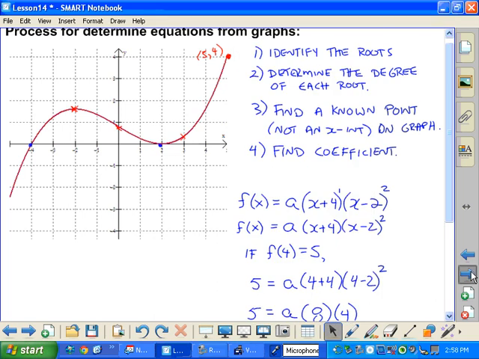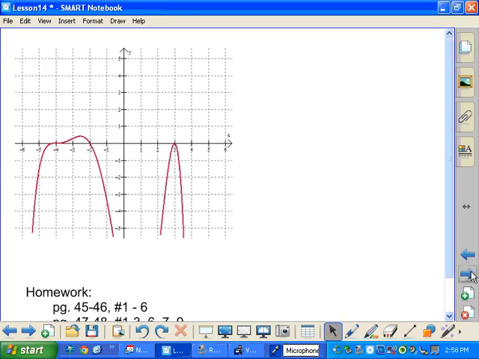All right. One last one before I let you go and try some of the homework. So f of x equals some coefficient, and identify your roots. I've got one at -4, so it'll be x plus 4. I've got one at -2, so it'll be x plus 2. And I have one at +3, which will be x minus 3. Next, we identify the degree of the root at each place.